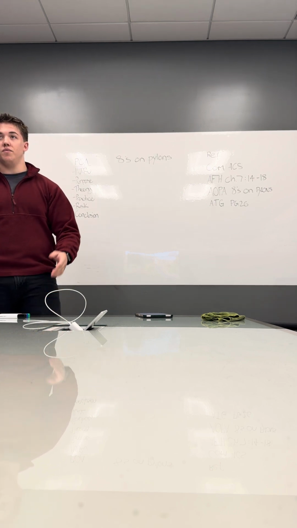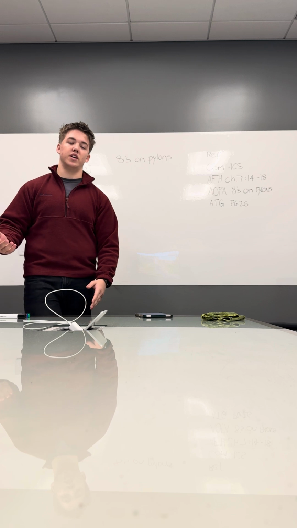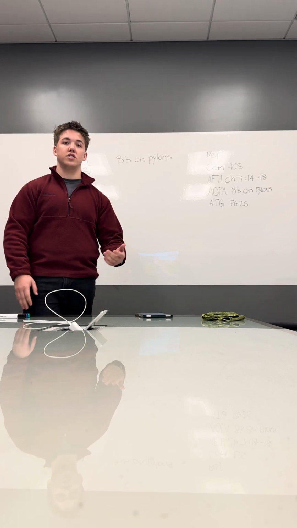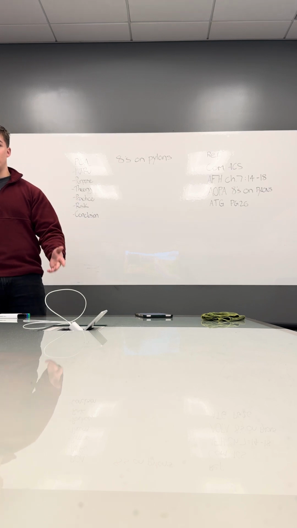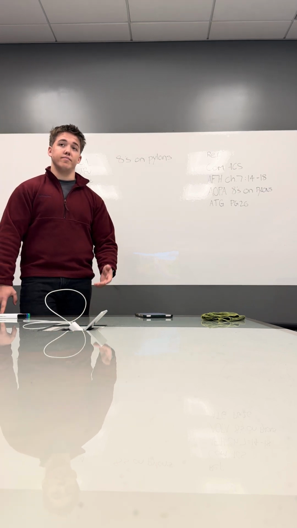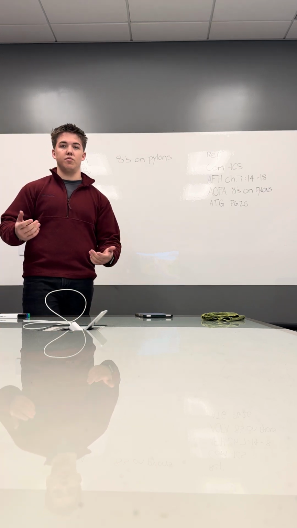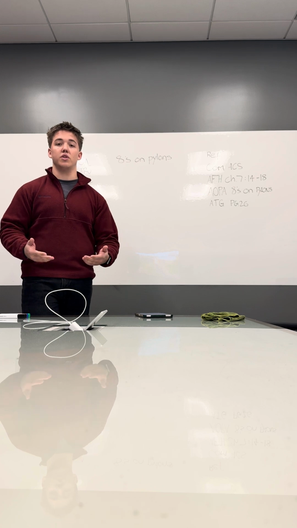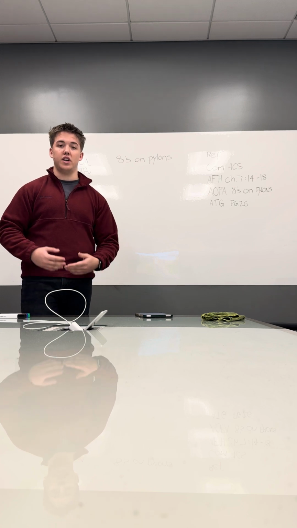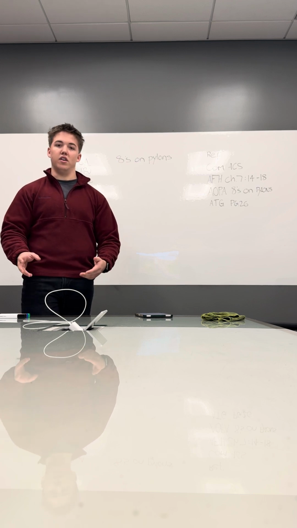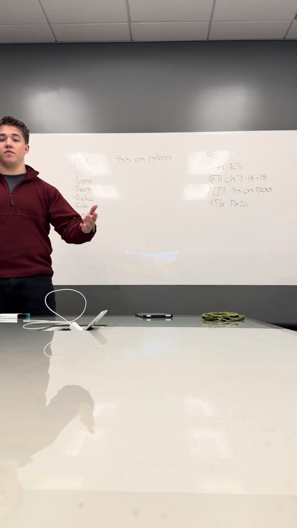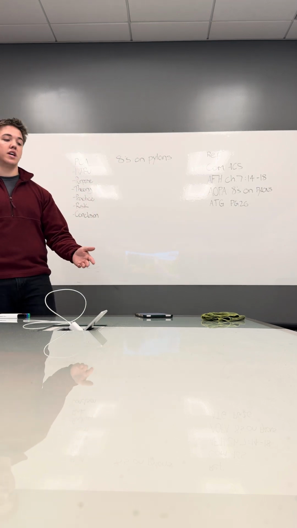So basically, the whole point of this maneuver is to maintain a constant visual line of sight with a pylon, in this case, and during that you'll have continuous changes in altitude and airspeed because you'll be going up or down based on how far or how close you are to the pylon.